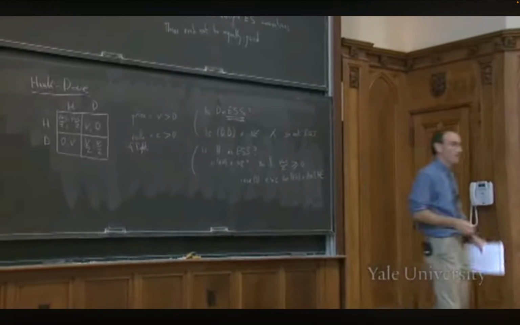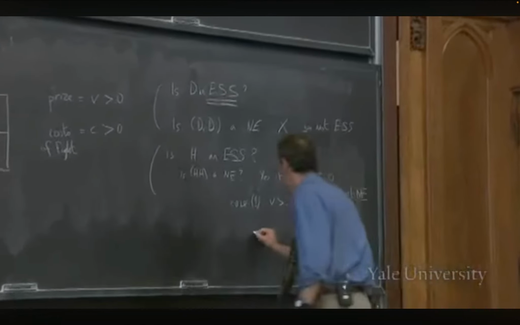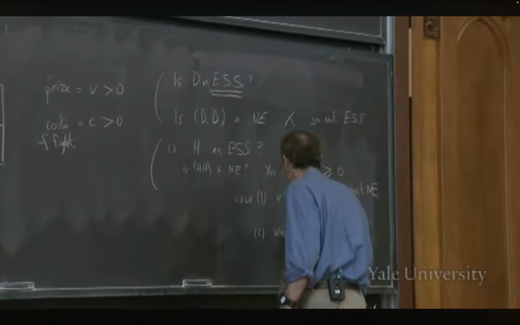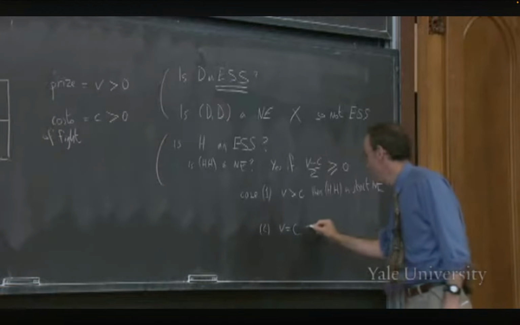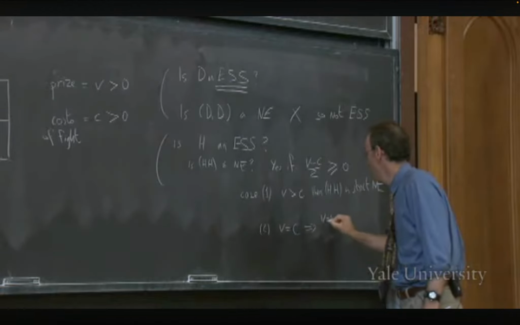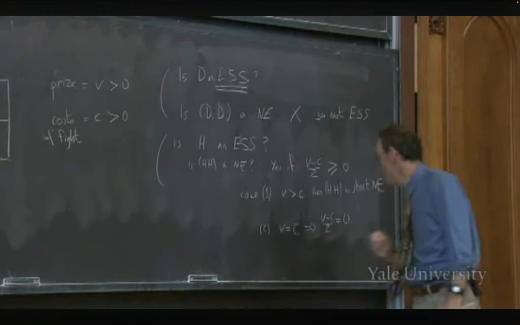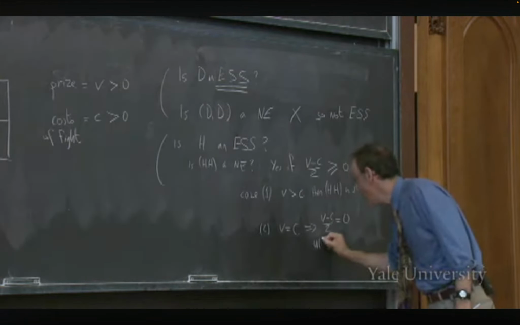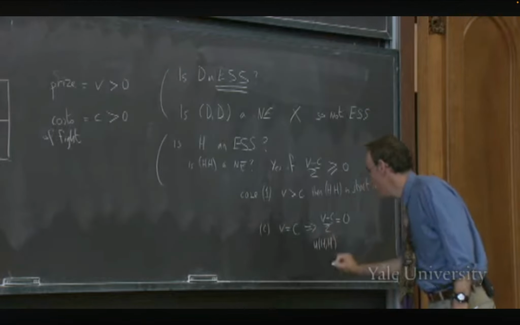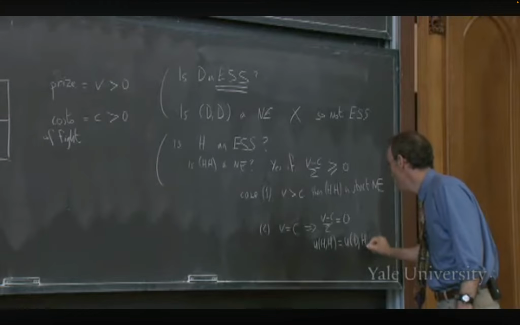All right? The second case is if V is equal to C. If V is equal to C, then V minus C over 2 is actually equal to 0, which is the same as saying that the payoff of Hawk against Hawk is equal to the payoff of dove against Hawk.